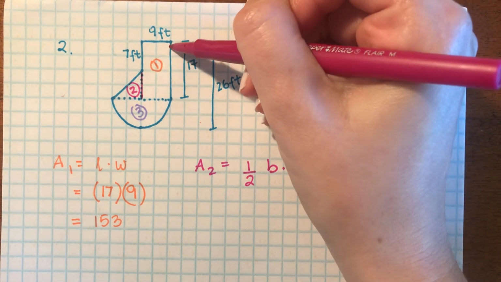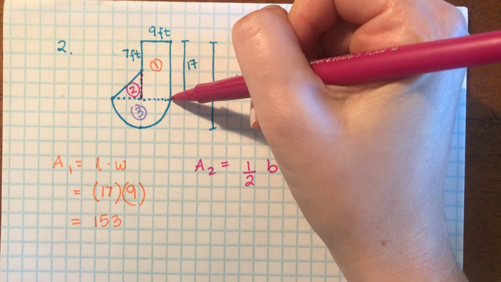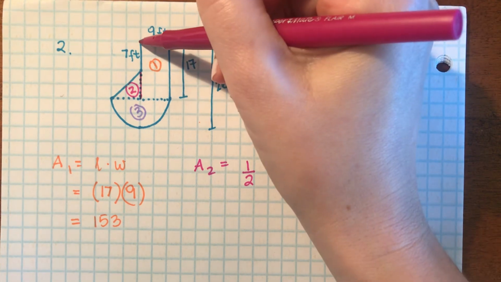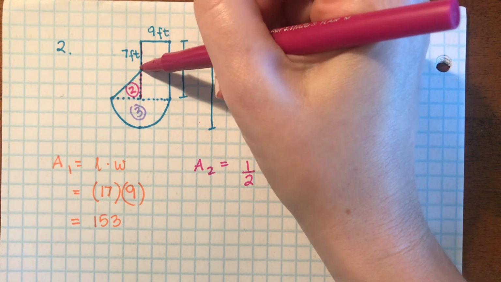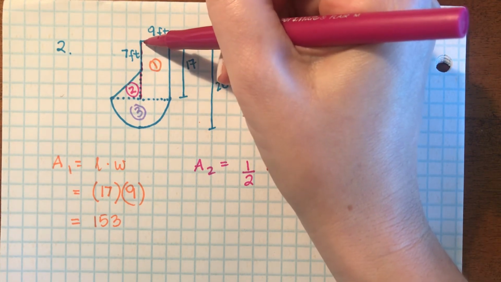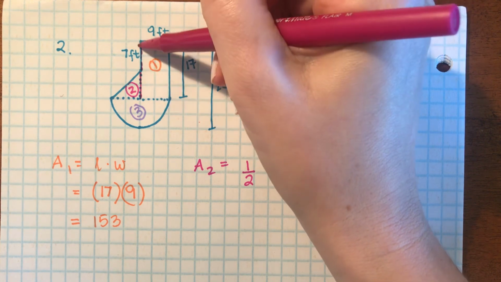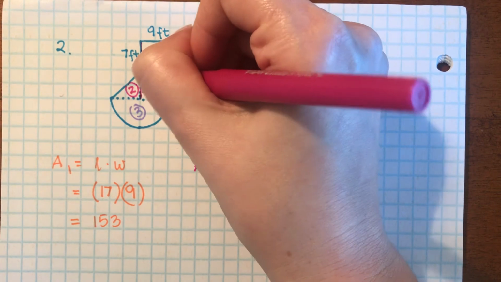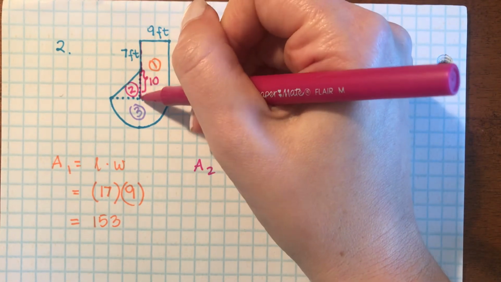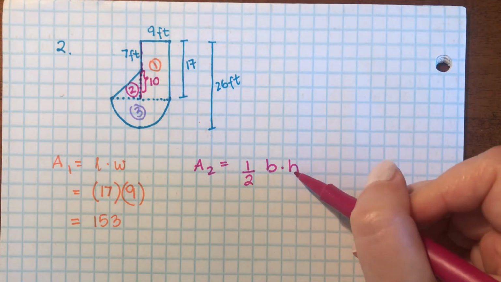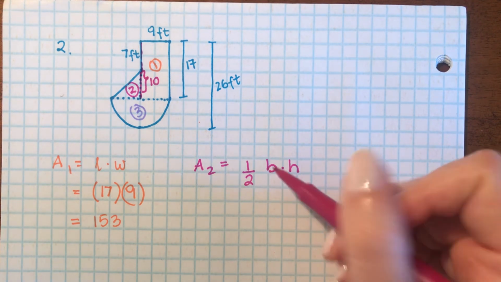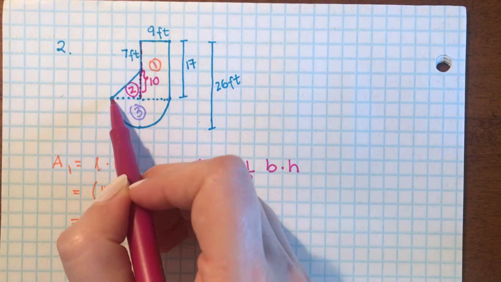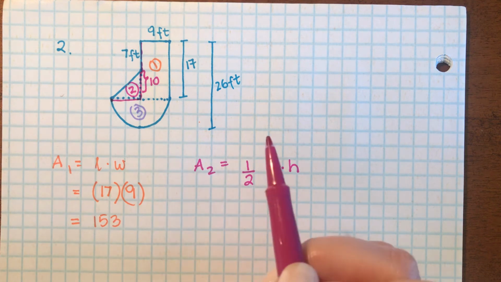Now, we know that the length of the rectangle is 17, and this part right here is 7. So if you subtract 17 minus 7, that will give you 10, which is the height of this triangle. So height is 10.